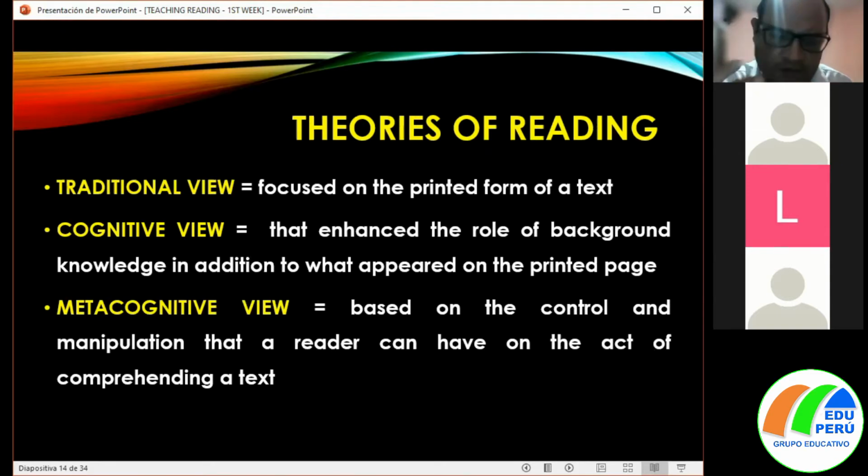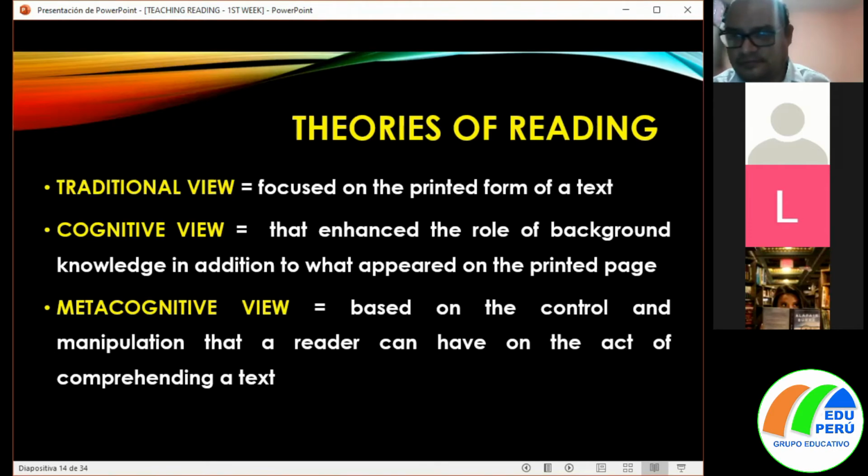I know that you know this term, no? What is metacognition? Can you give me a definition of metacognition? What is that? Metacognition. No, nobody? Metacognition, metacognitive. In this case, we use the mental processes.